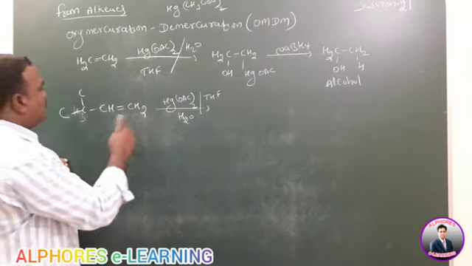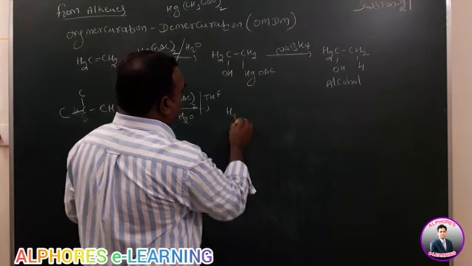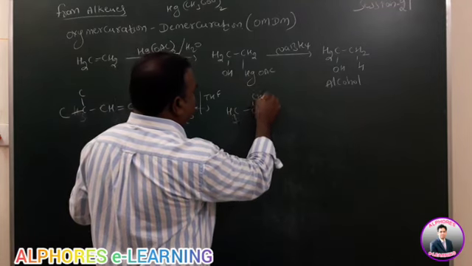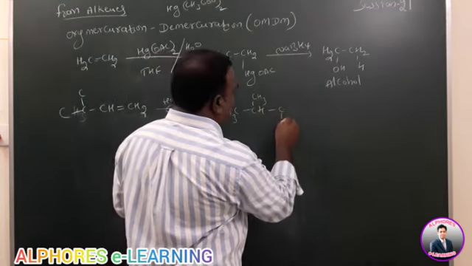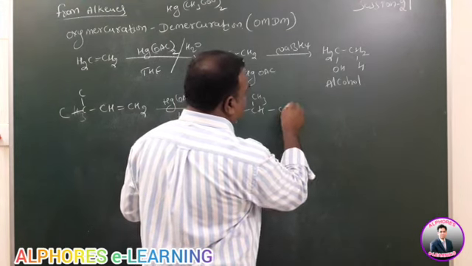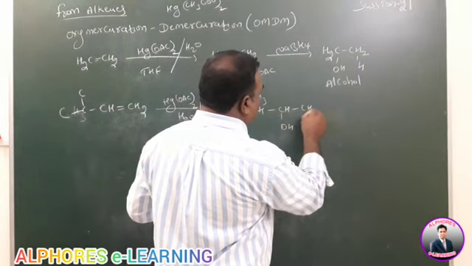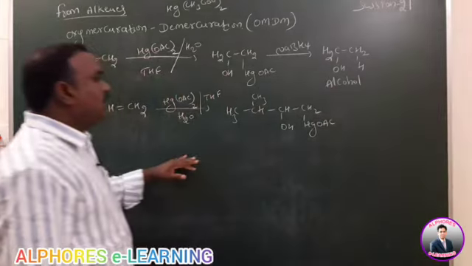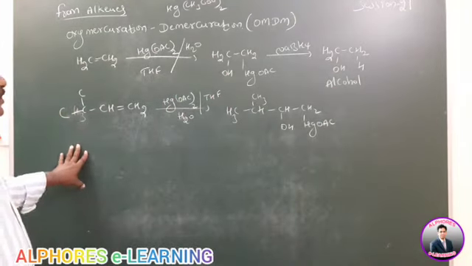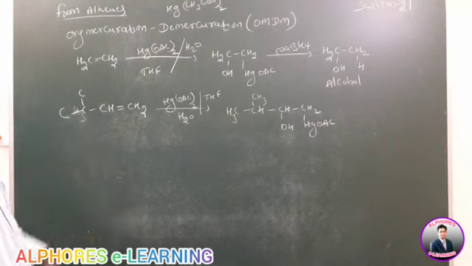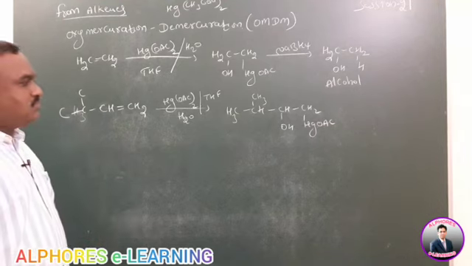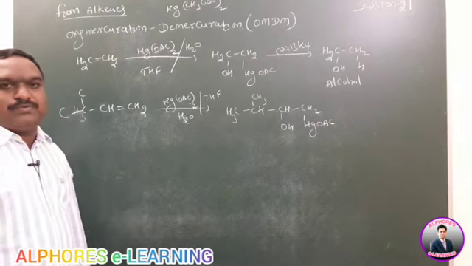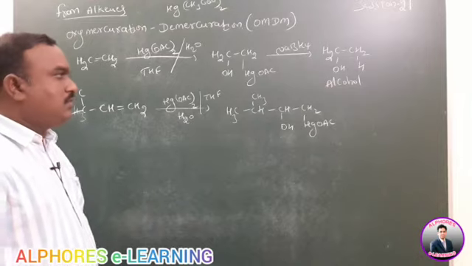CH3, here OH, here CH2HgOAc is formed, because there is no rearrangement in this one. The first step is the Markovnikov addition step.